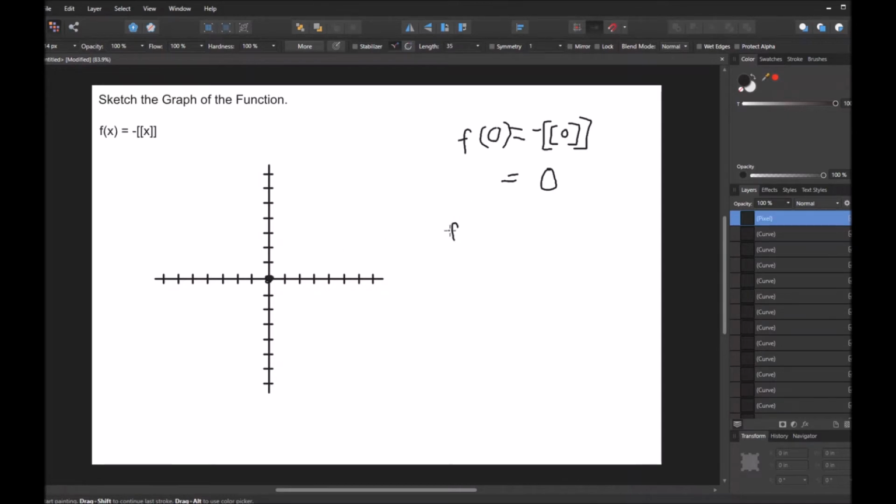And then at f of 1, we're going to have negative the greatest integer of 1, and the greatest integer less than or equal to 1 is 1, so we're going to have negative 1, so we're going to go down to 1 comma negative 1.